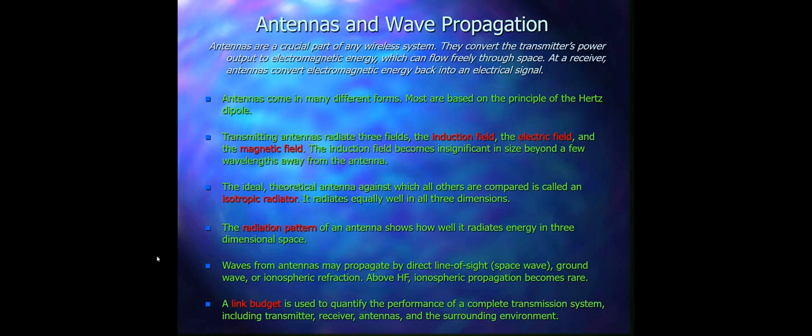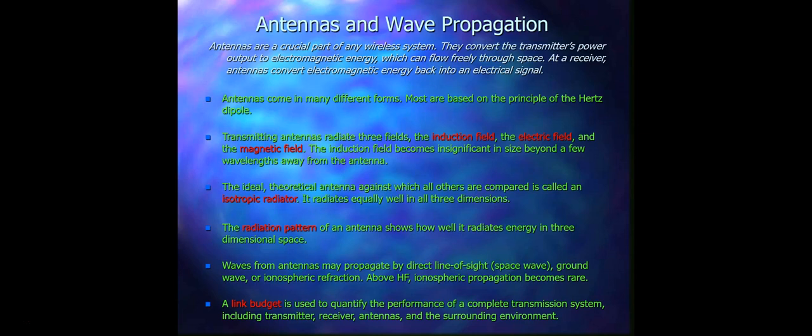Antennas are the crucial part of any wireless system. They convert the transmitter's power output to electromagnetic energy, which can flow freely through space. And at the receiver, the antennas convert electromagnetic energy back into electrical energy.